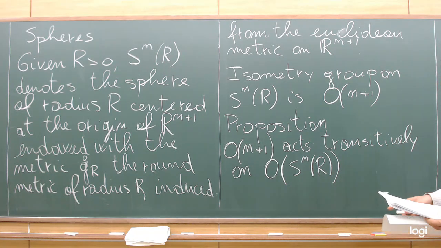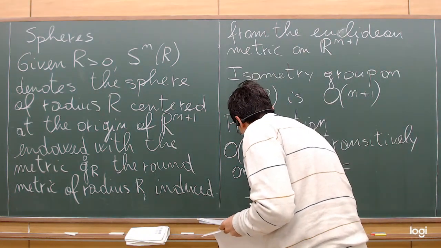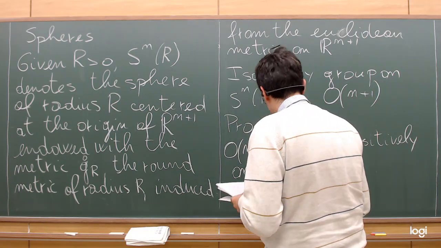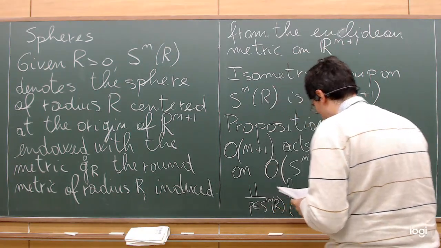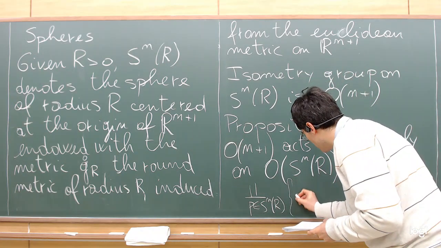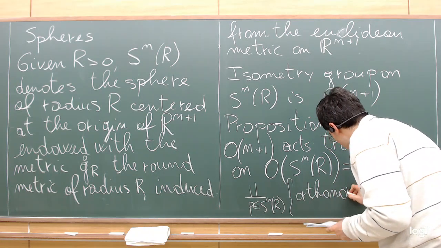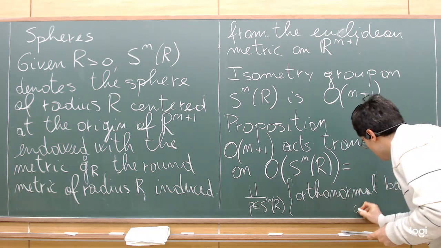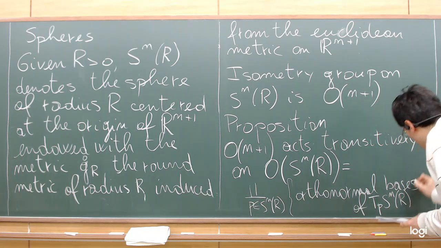This means the disjoint union of all orthonormal bases, the set of all orthonormal bases of T_P S^n_R.